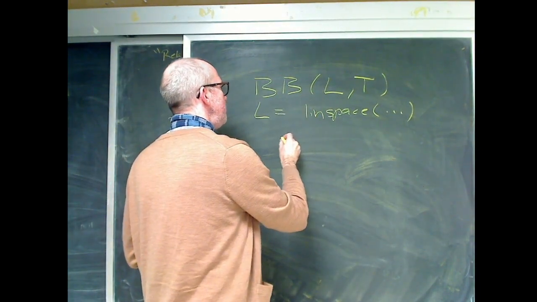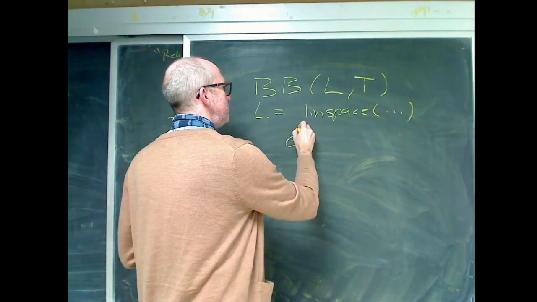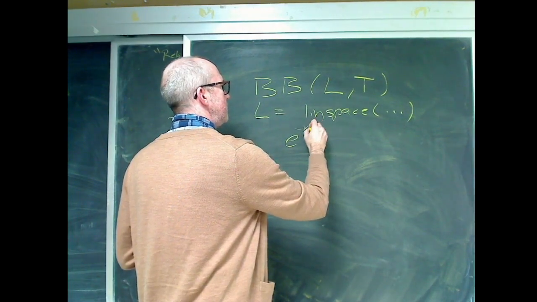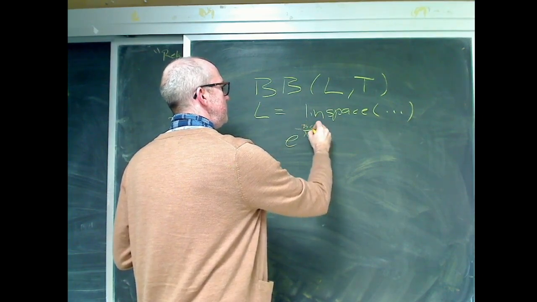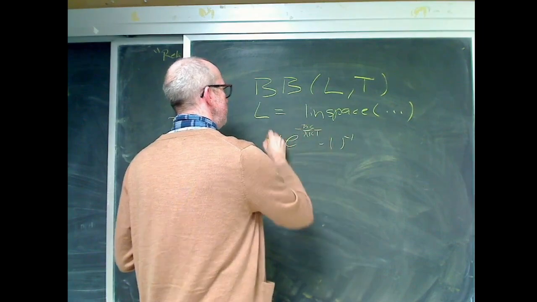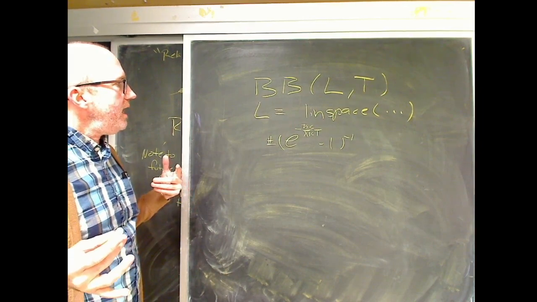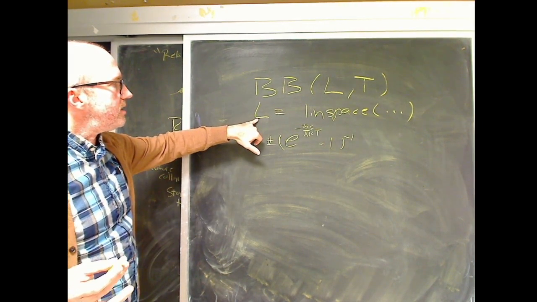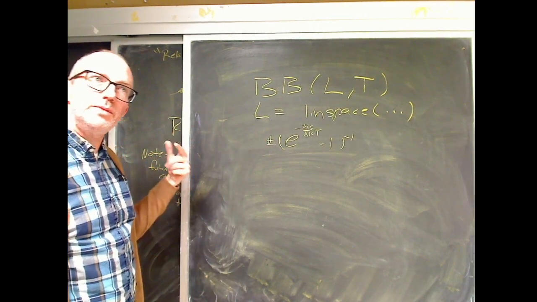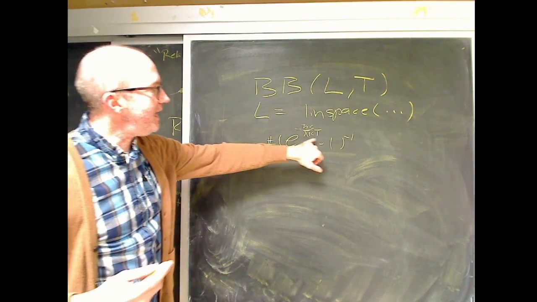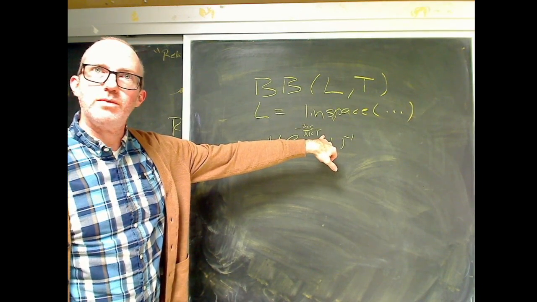Then in our function we have something like, let's simplify, e to the minus hc over lambda kT, minus 1, and then there's some other numbers out in the front. Now, we want to hand it a list of wavelengths so that we get our spectrum. We can't hand it a list for lambda and a list for T at the same time because it doesn't know what to do with that.